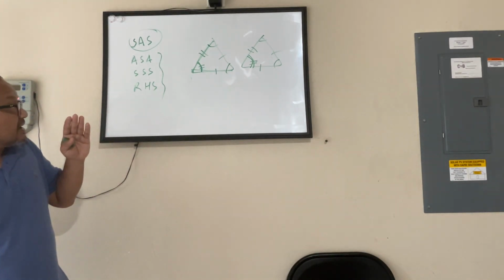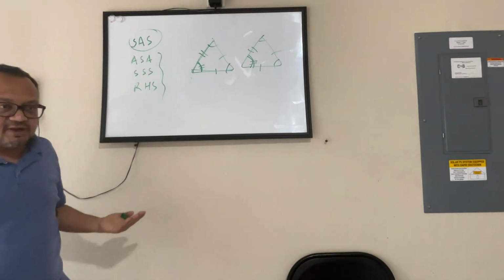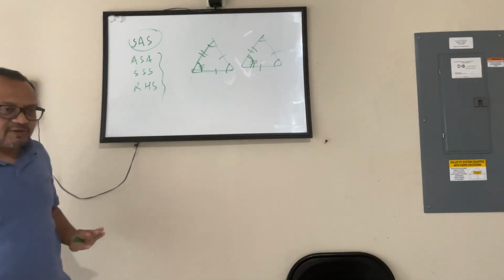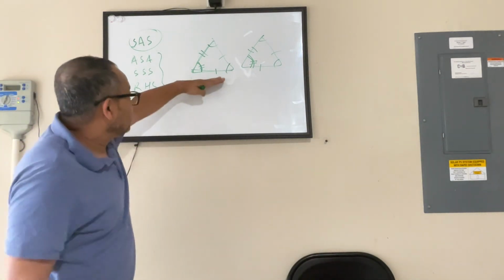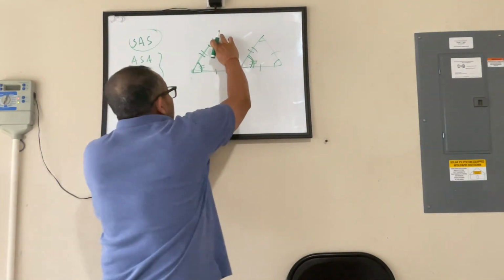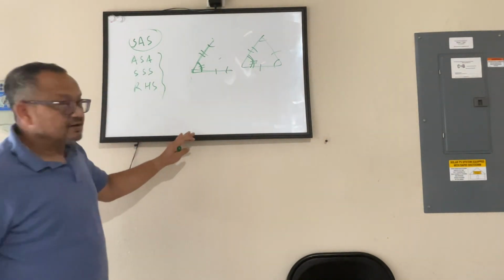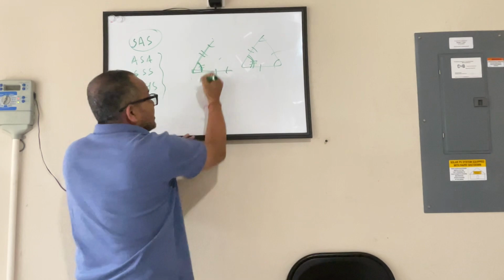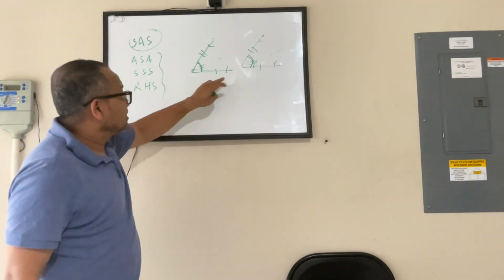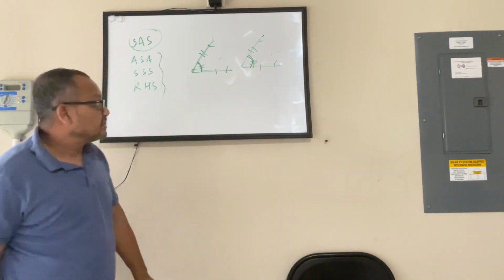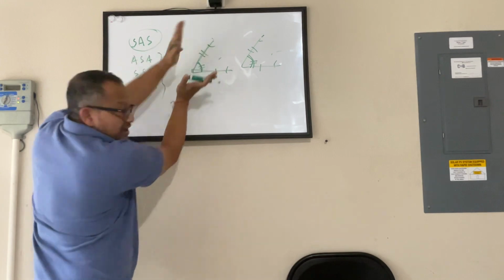Now, you might want to ask why you have to believe me. Very simple. Math is not to be believed, math is to be done. Now you should look at this. Imagine this is not a triangle yet. This is just an angle. These are two sides making this angle. You have taken two arms to make this angle.